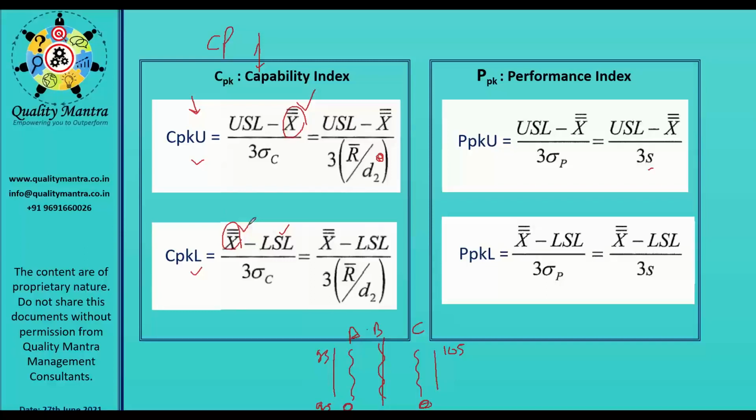And here, when you get the value of CPKU and CPKL separately, then how will you arrive at the capability index of your process? Because you have now two values. So which will we consider? You will consider L or you will consider U? Both of them? Now in case of total, we have to get the average of that?